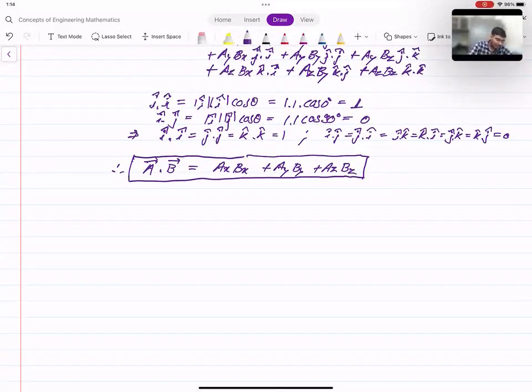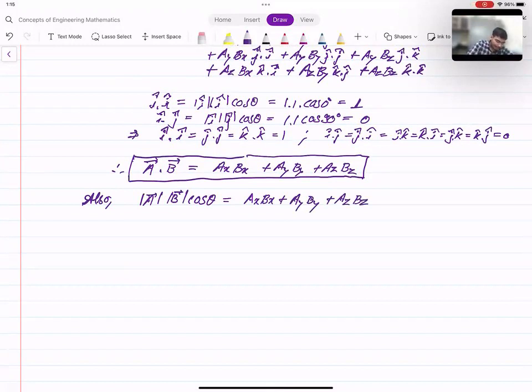Also, the dot product can be written like magnitude of vector A into magnitude of vector B into cos theta, where theta will be the angle between these two, will be equal to ax bx plus ay by plus az bz.